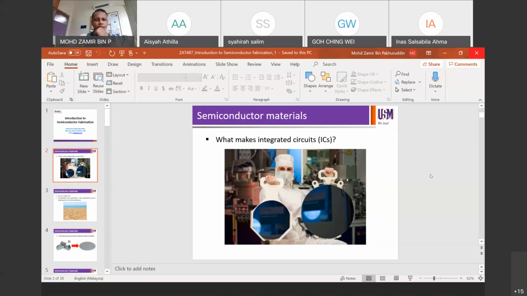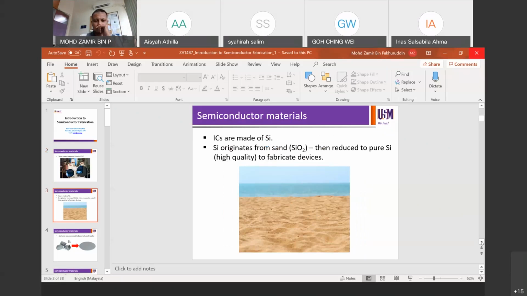So what makes integrated circuit? We've learned last time. So silicon makes the integrated circuit. And silicon's origin is from silicon dioxide, which is basically sand or SiO2.